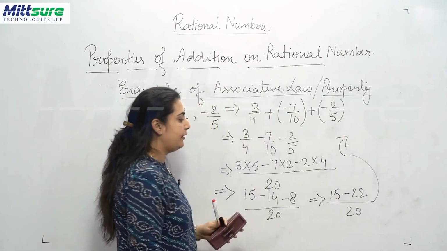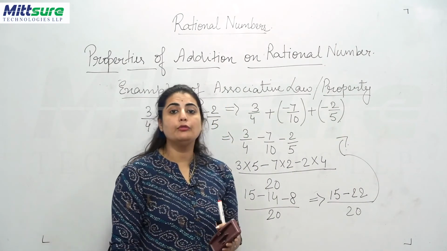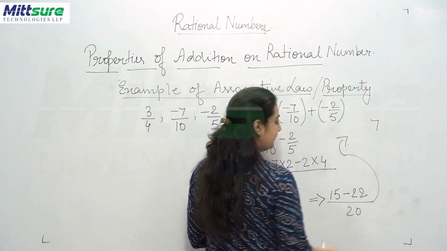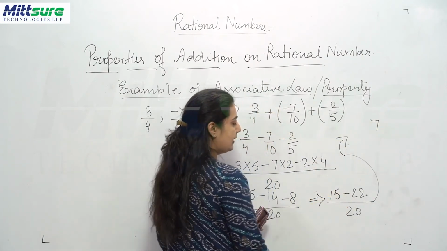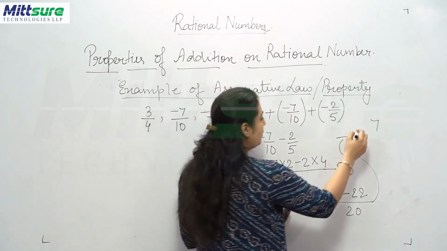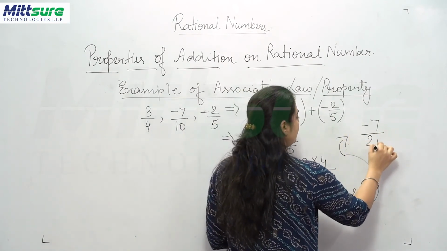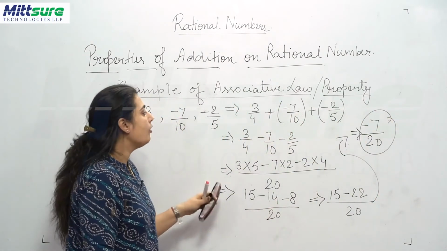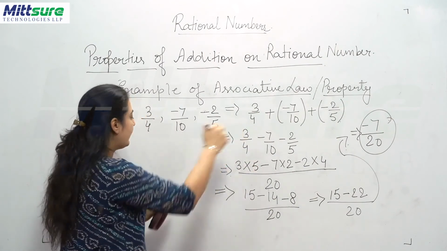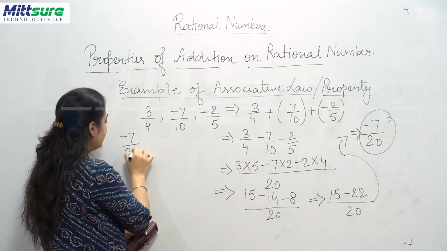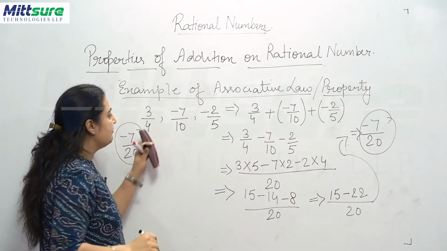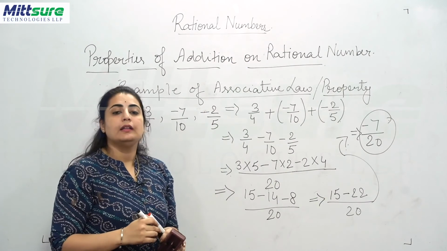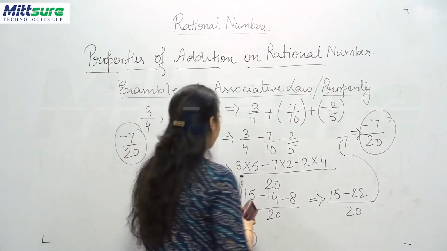Now I have to subtract 22 from 15. Minus 7 upon 20 as my result. Is it clear? Now we will write the observation or the result here, and we will see what will happen if rearrangement of brackets is done.